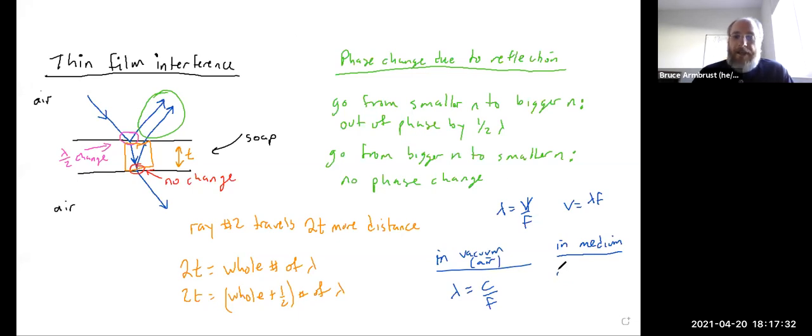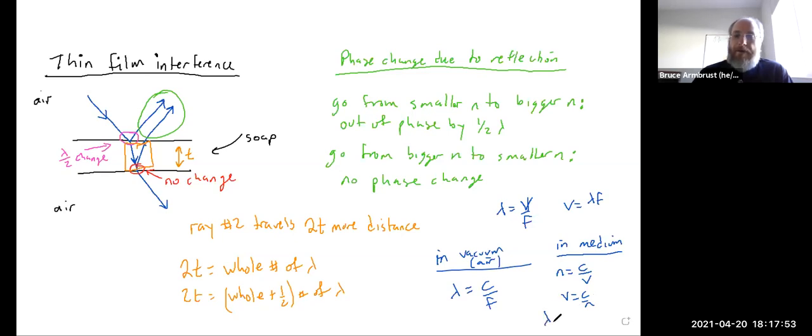And we used n to get that, right? n was the ratio of C and V. So in the medium, V is equal to C over n.